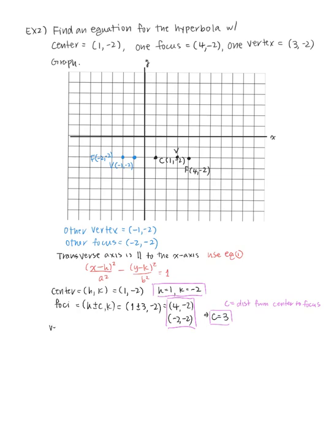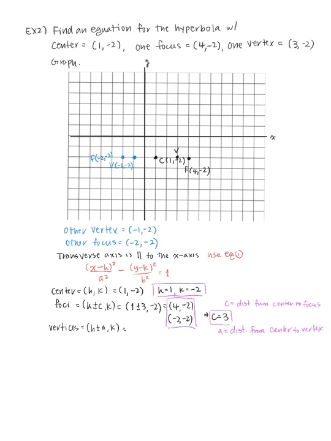And the vertices, what is the formula? (h plus or minus a, k). And now remember what a stands for. A is the distance from the center to the vertex. Let me write that out. A is the distance from the center to vertex.